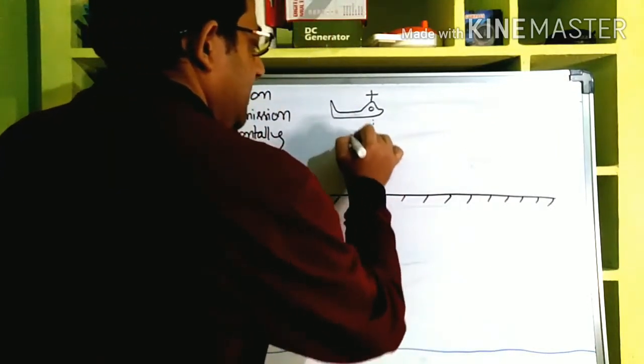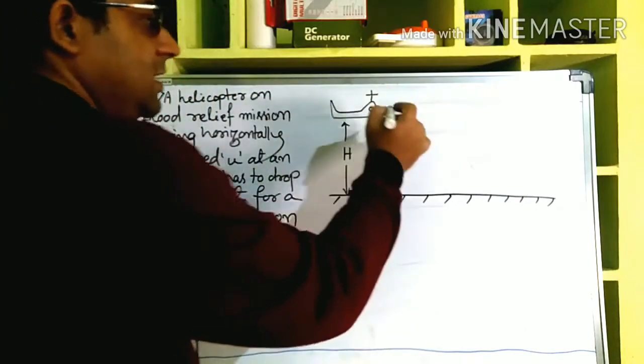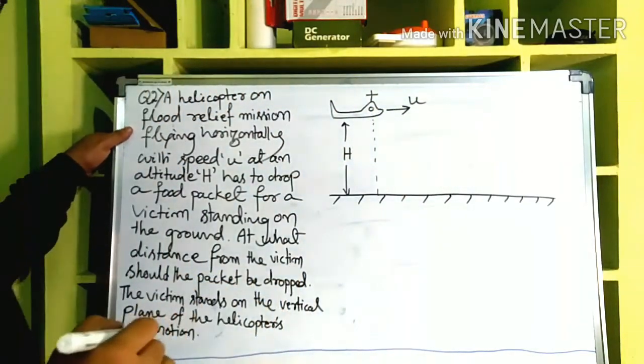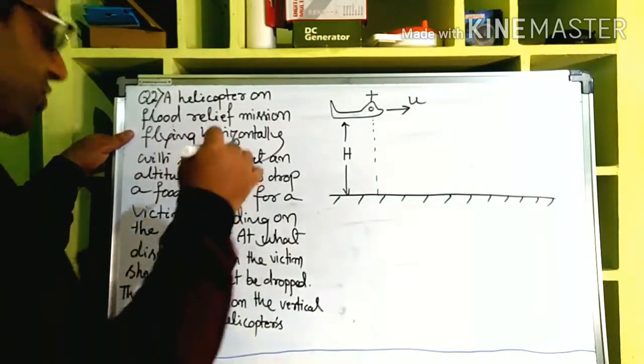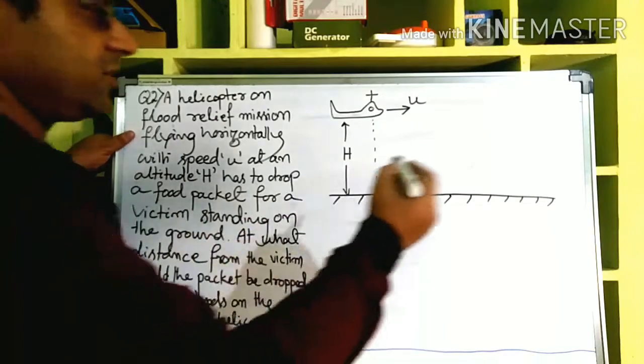At a height capital H, the helicopter is flying with a speed u. Okay, that's what it is saying. It has to drop a food packet for a victim standing on the ground.